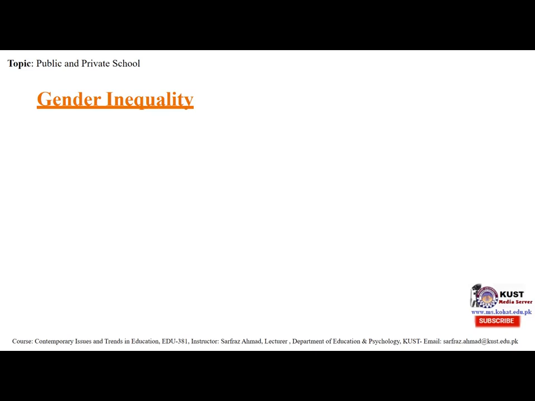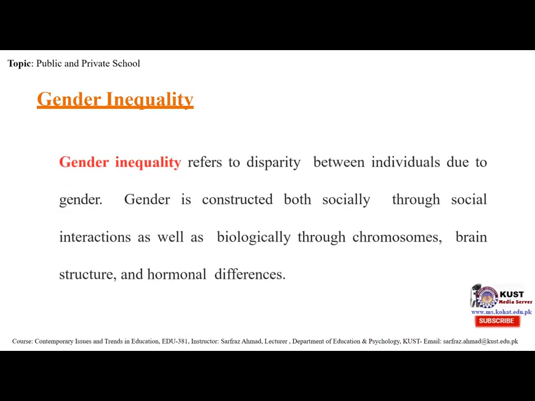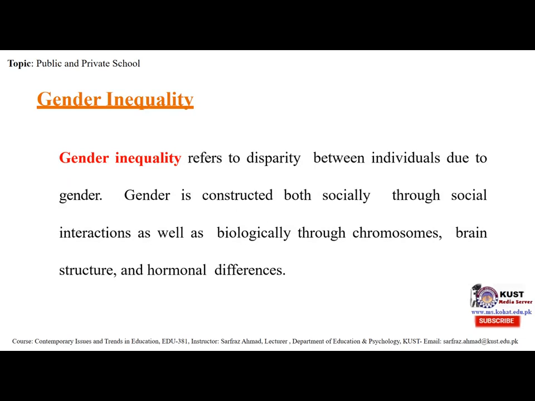Some of these distinctions are empirically grounded, while others appear to be socially constructed. Gender inequality refers to disparity between individuals due to gender. Gender is constructed both socially through social interactions as well as biologically through chromosomes, brain structure, and hormonal differences.